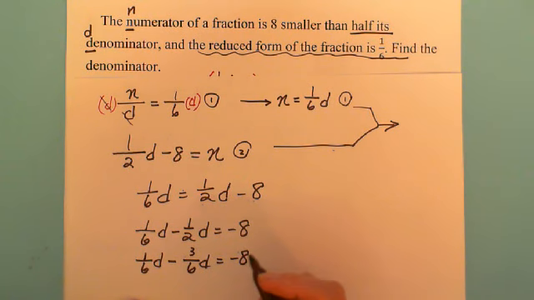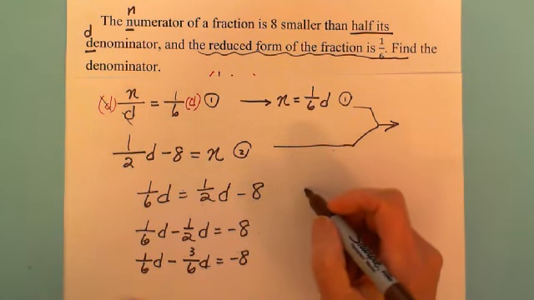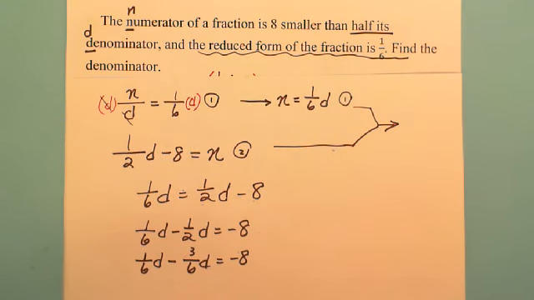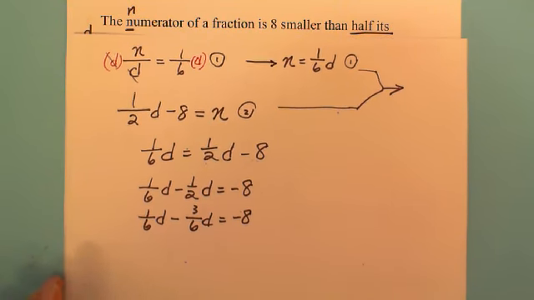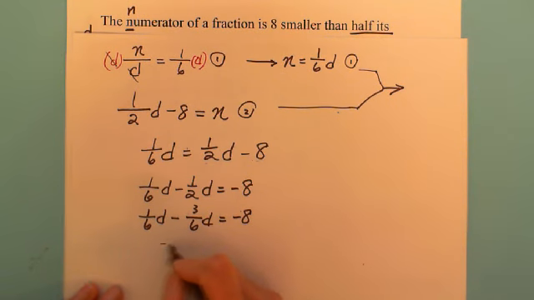Then you got negative 2 over 6 d equals negative 8.